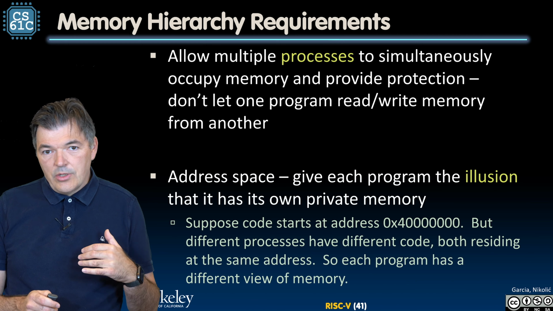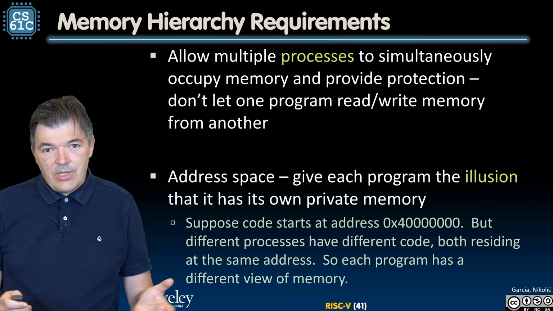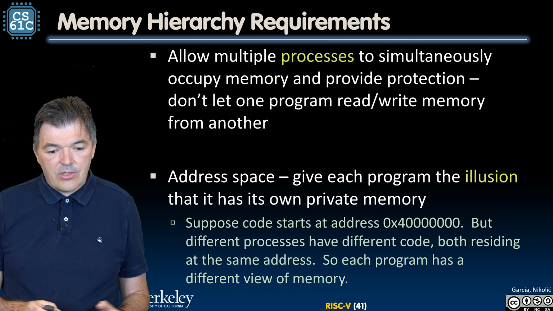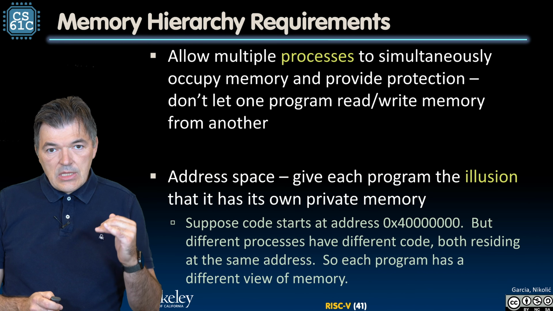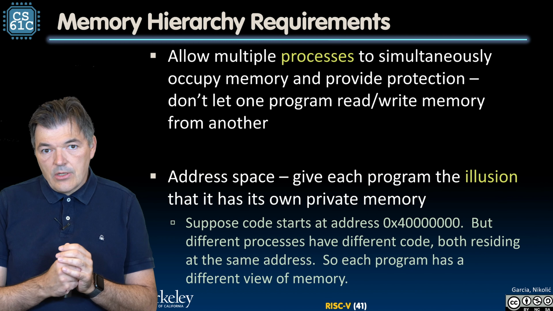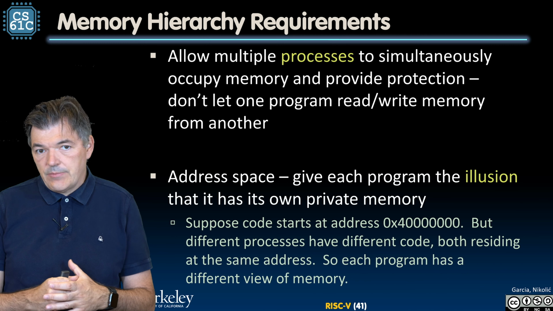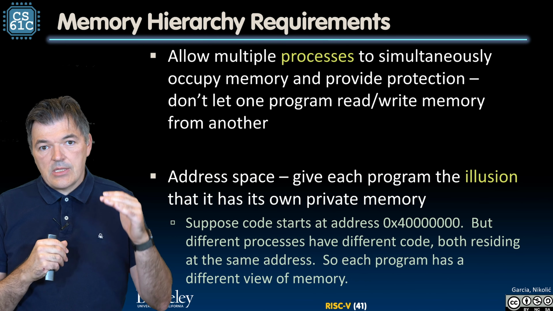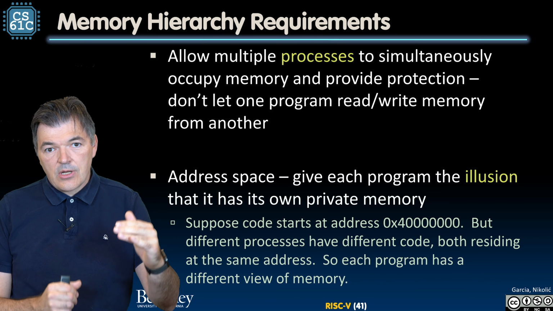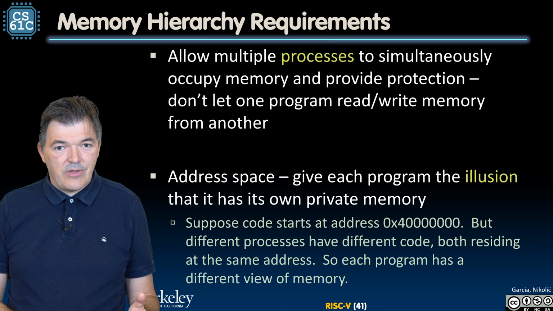We don't want somebody's program to run over mine and overwrite my data or my code. It is really important because there are many independently developed programs, and we want to make sure that each one of them, at the time when it has a processor, has the illusion that it has all of the memory available to itself.